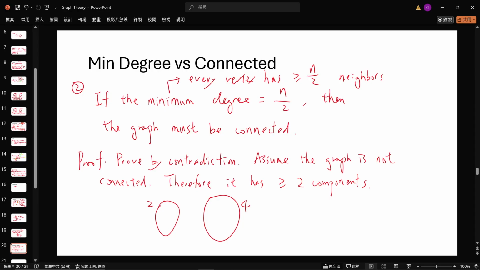But somehow this is not a formal proof because we cannot say that there must be a component of size 2 and a component of size 4. No, we cannot do this. So we have to somehow make this idea more formal, okay?